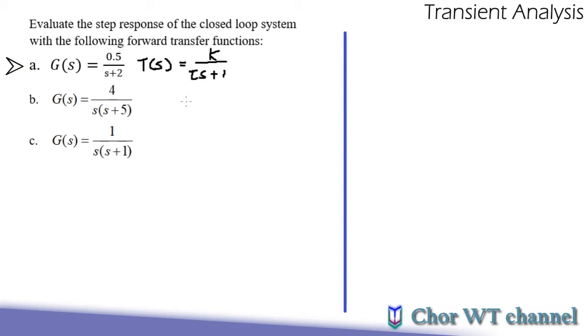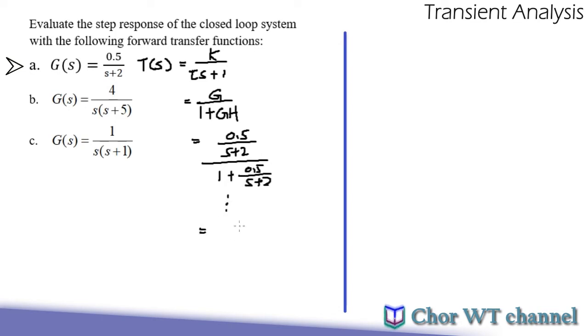Okay, so our Ts will be equal to G over 1 plus GH, which means 0.5 over s plus 2 divided by 1 plus 0.5 over s plus 2, which will finally lead us to 0.5 over s plus 2.5.